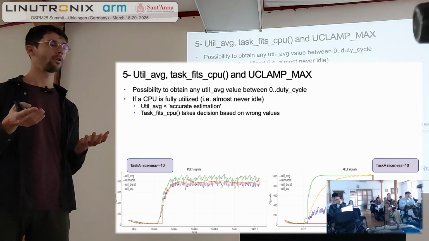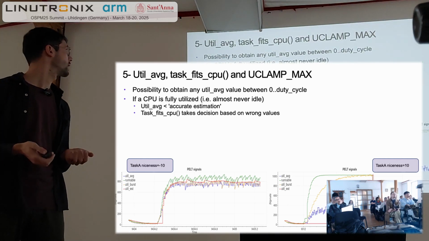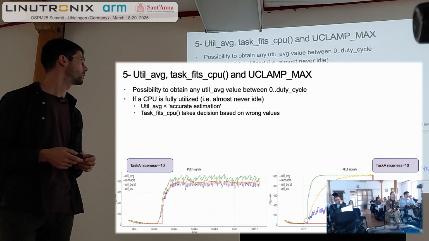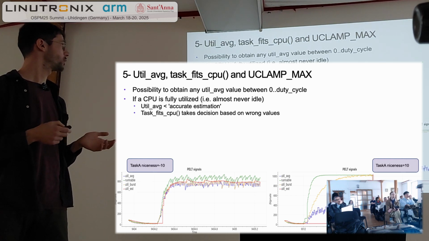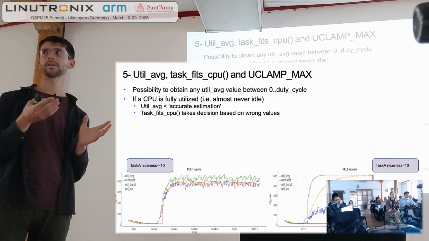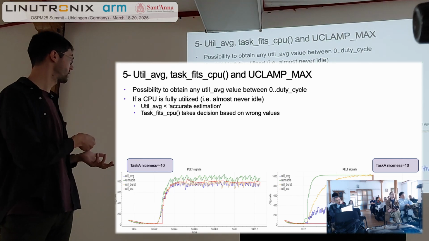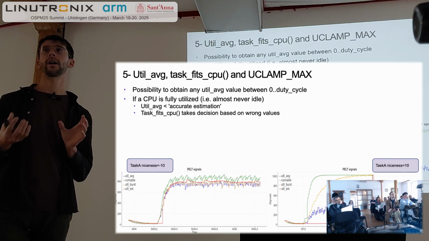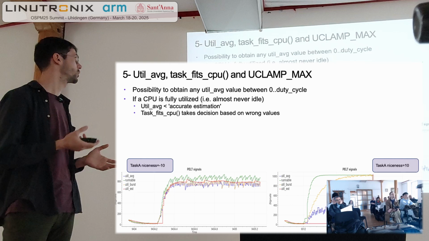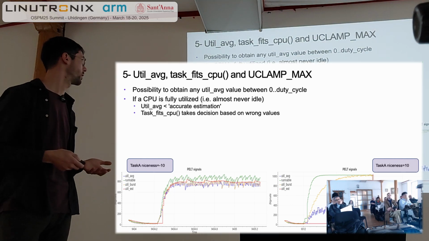This is for the case where the CPU is almost fully utilized, so almost never idle. The util average in this case is a lower bound of an accurate estimation of the task. It's an issue, not only in EAS, because there are still places where we are using the utilization values. For instance, in task fit CPU, to check that the task is going to fit in one CPU based on utilization values, which is a check based on values that are going to be slightly inaccurate.